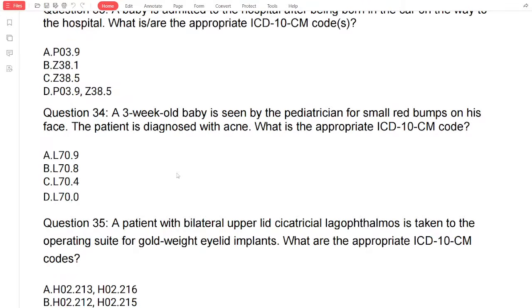Now 34. 33B correct answer, dear. 32A correct answer, Sonalika.